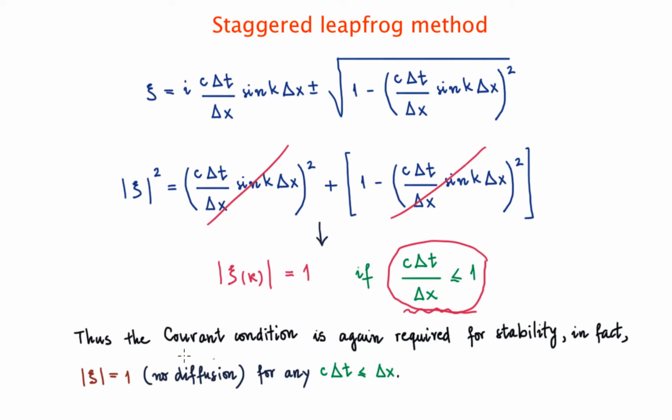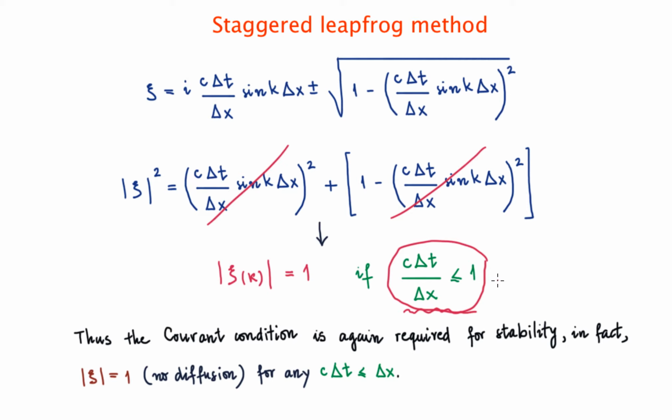But there is no diffusion here, no diffusion for any delta t and delta x that satisfy this condition. There is no diffusion. Here, the stability range, as you can see, is much wider than the one we had for the Lax method. And besides that, this method is consistent. That's why there is no diffusion here.